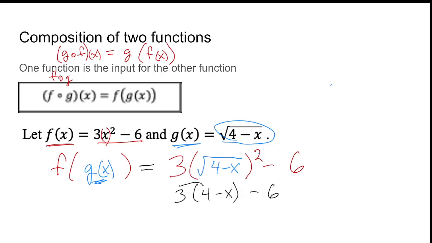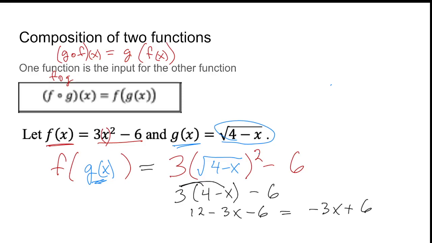We distribute through the 3, so that gives us 12 minus 3x minus 6, and then we can combine the 12 and the negative 6, so we get negative 3x plus 6. I guess you could put it in the front if you want. So that would be the composite of it.